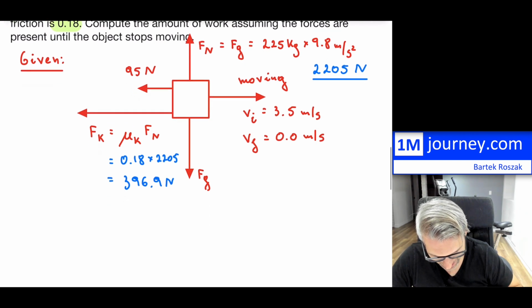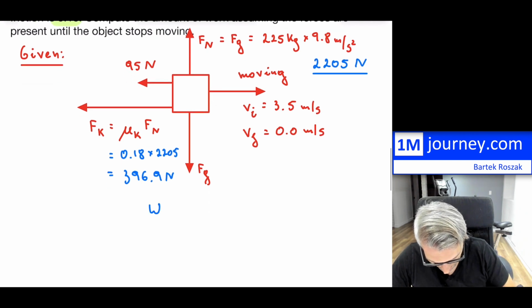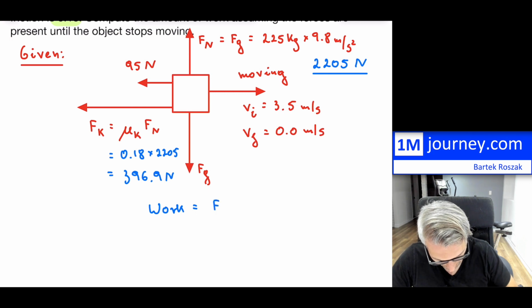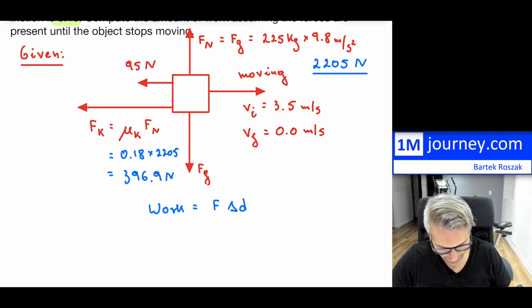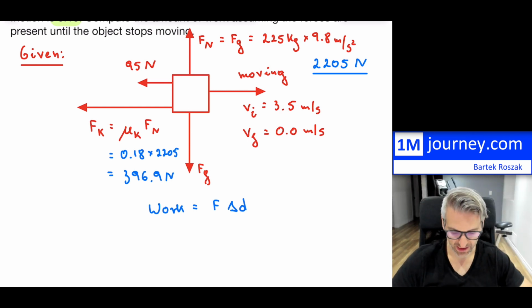So, thinking back, please remember, work is equal to force, right? So whatever total force I have, the net force, multiplied by the displacement. Now I have to be careful here, because my net force is not going to be in the same direction.